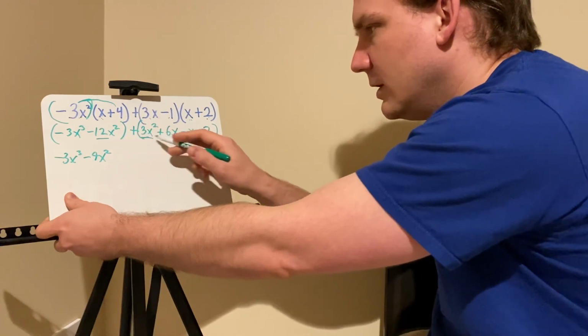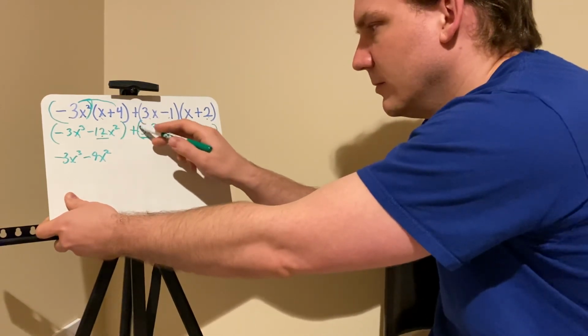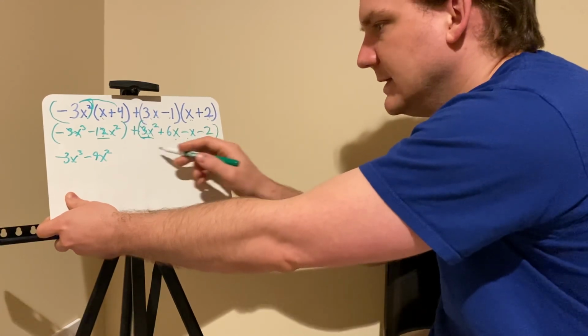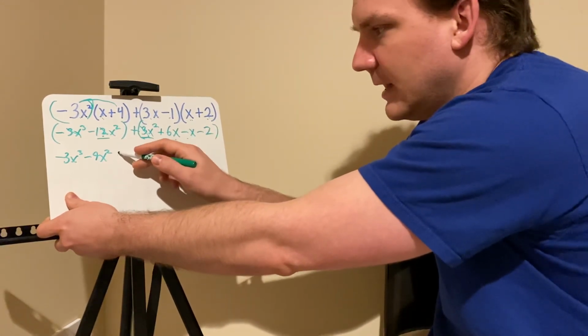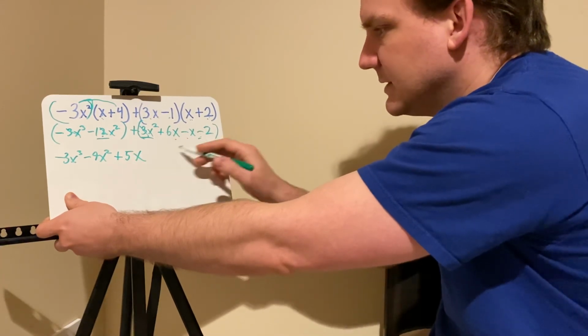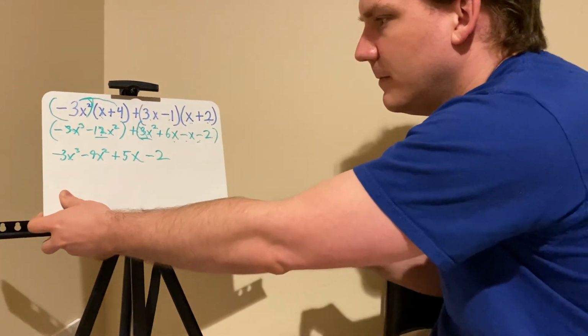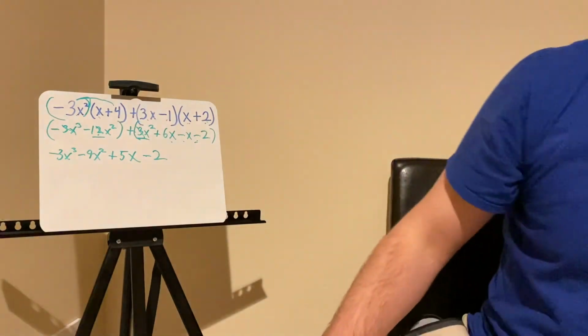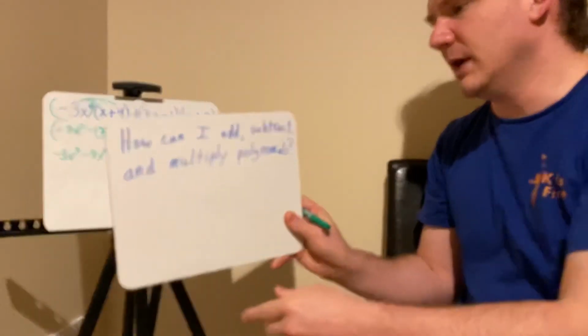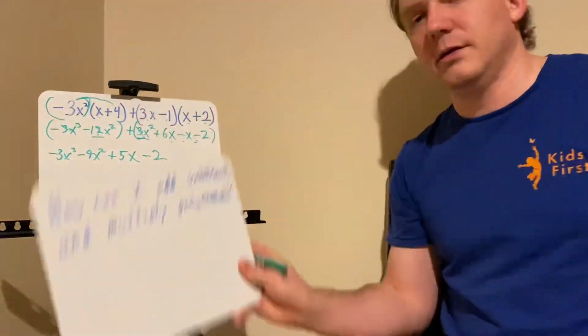Now I come over here, I've used this term, I can cross these as I combine them. 6x minus x, so that would just be 5x, so plus 5x minus 2. And now I have simplified that term, and I've added, subtracted, and multiplied polynomials. I did it all in one. Hooray!